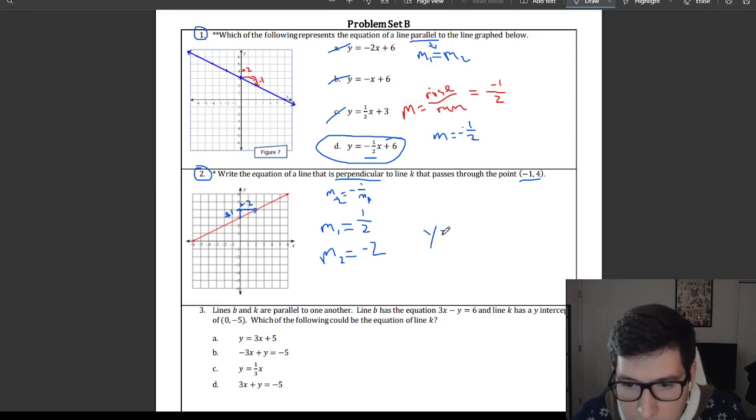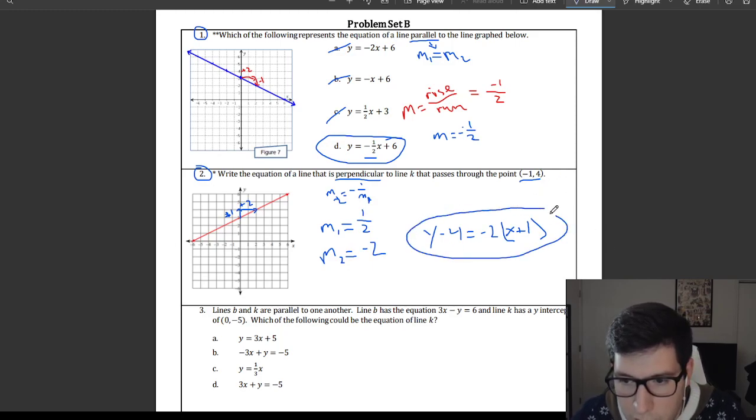I'm going to have that y minus 4 is going to be equal to negative 2 times x plus 1. And that's as far as I have to go. This isn't asking us to graph it or anything like that. This is simply asking us to create this line.